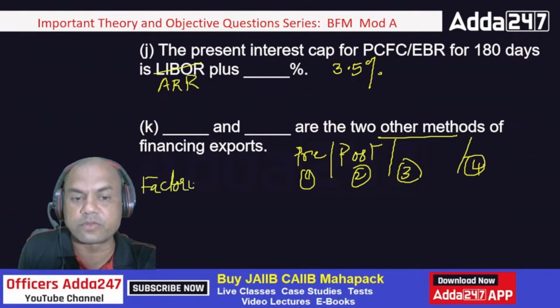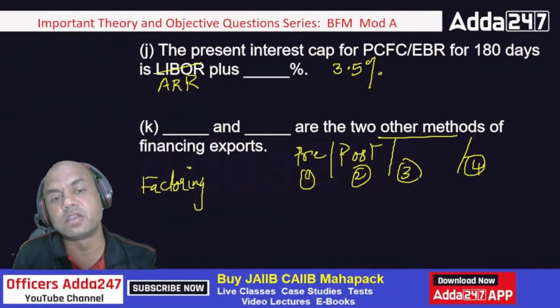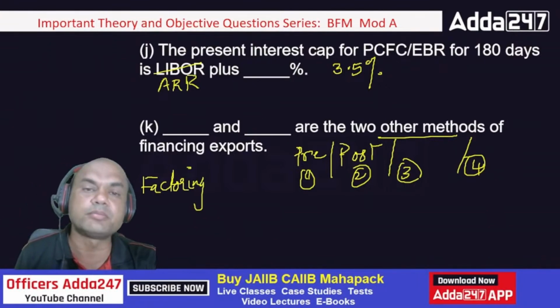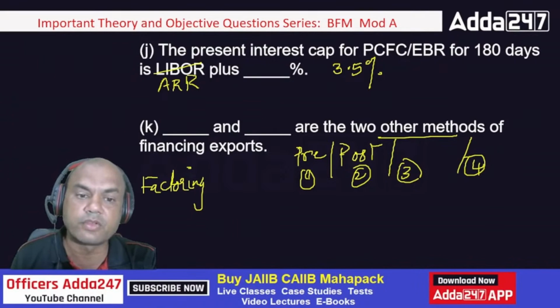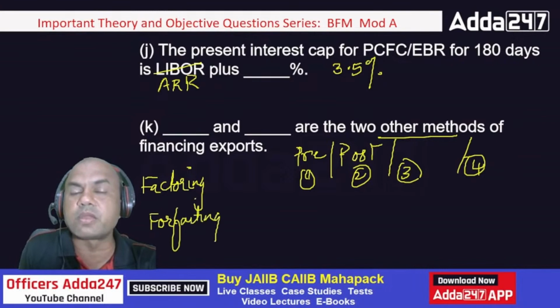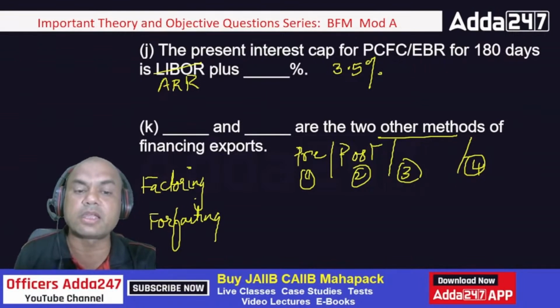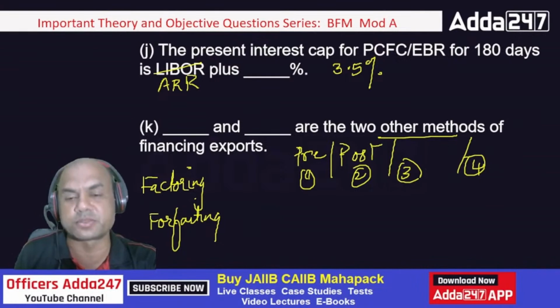And the second one, I'll give you one name: factoring, and the second name you write in the comment section. It is forfaiting. Now look at this. What is factoring and forfaiting? A very big topic. I've taken it separately in the same series. So these are the two other methods of financing exports.